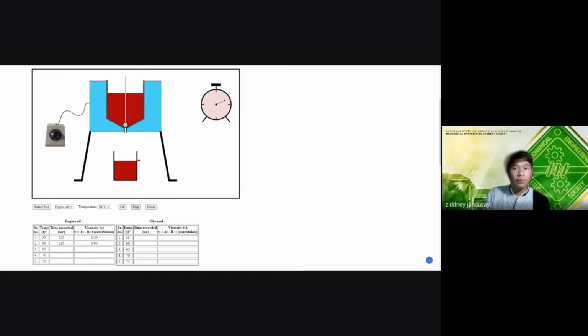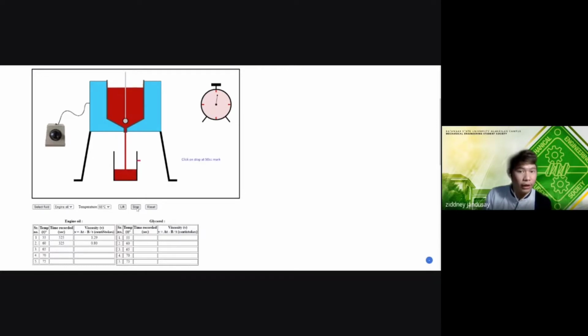Now, we are done with the first trial, and what we need to do is to repeat the same procedure for the succeeding trials and increase the temperature by 5 degrees Celsius after each trial for the same fluid. So for the second trial, we recorded the time of 325 seconds, and the value of the viscosity is found to be 0.80 centistokes at 60 degrees Celsius.